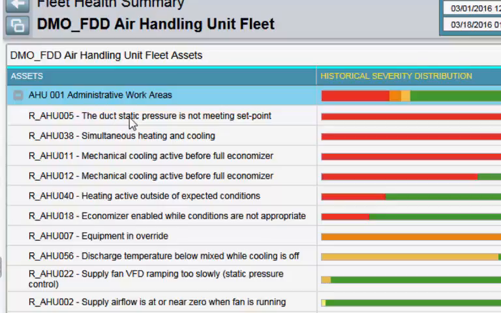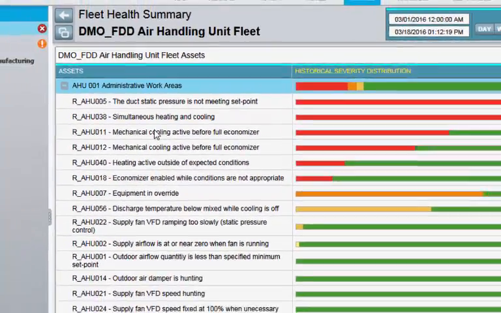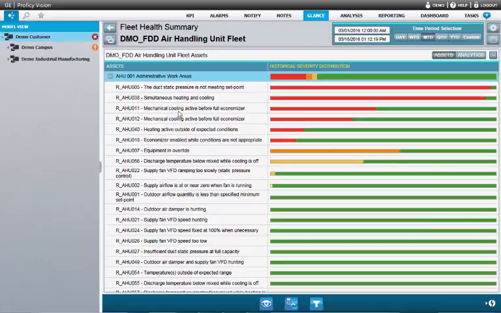And so just quickly looking, you can see this specific air handler has a duct static pressure control issue, potential simultaneous heating and cooling, potential economizer issues. So it's driving all of those things to the top of the list so that you don't have to spend time looking for them or actually reacting to them after they become a problem. You get a complaint, you start seeing rising energy costs, etc.